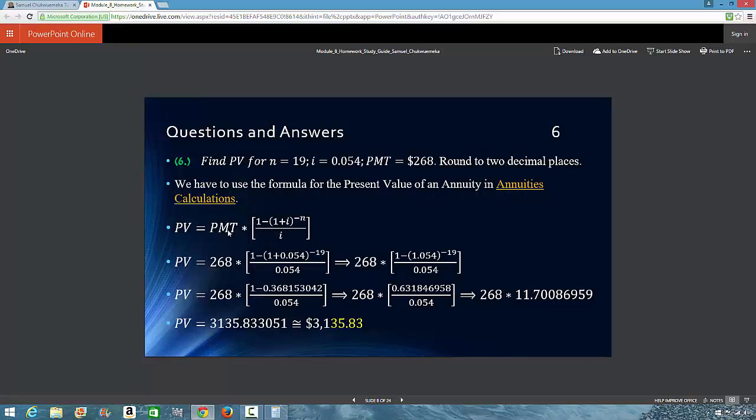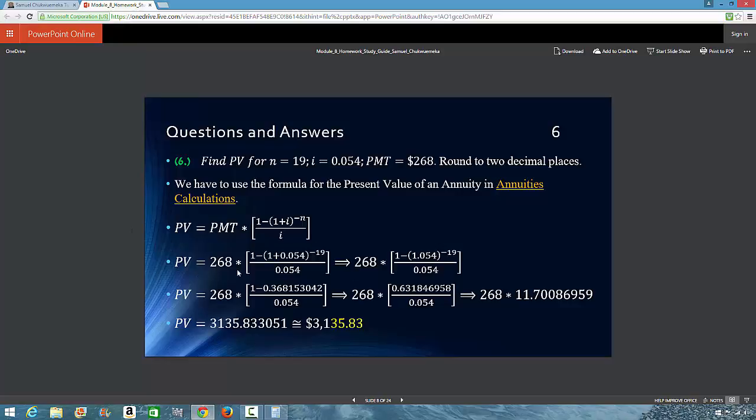We are using this particular formula because it has I and N. What you are being tested on is finding what formula to use when.